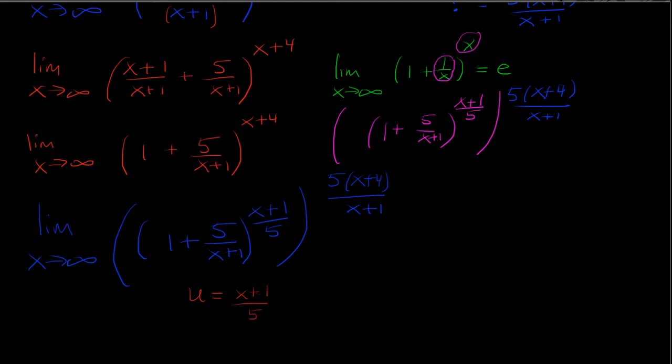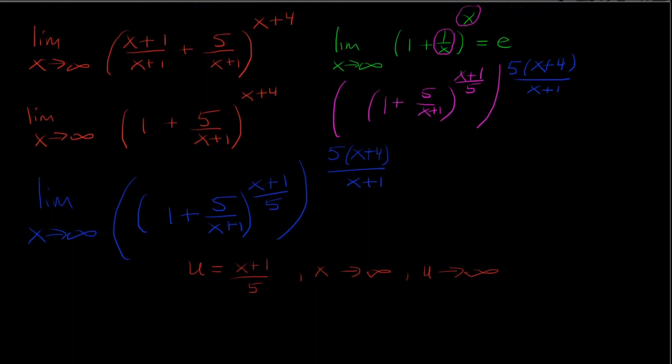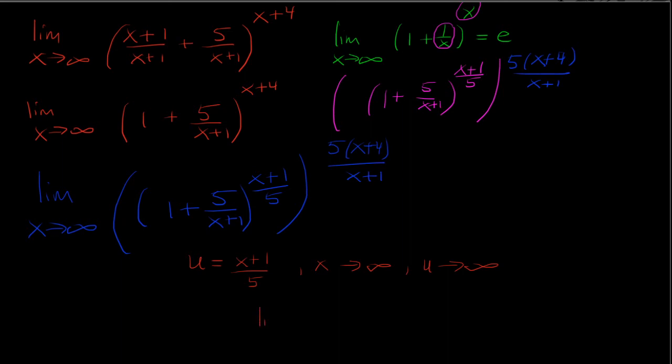Okay. So as x approaches infinity, x plus 1 over 5 also approaches infinity. So in other words, u approaches infinity as well. Okay, so as x gets big, u also gets big. So then I can rewrite everything. So I guess we could just focus on this part first. Just to keep it simple, I don't want to do too much.